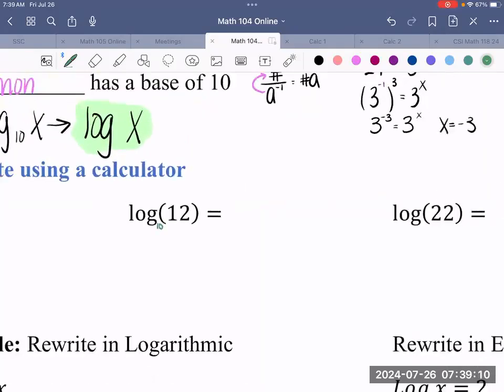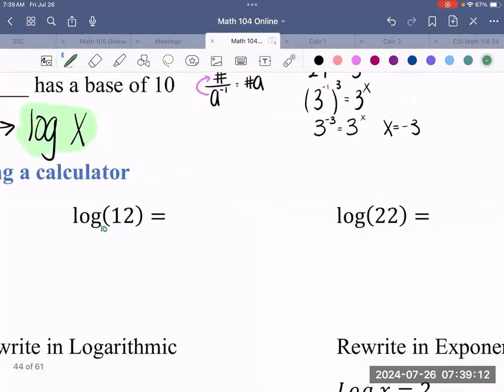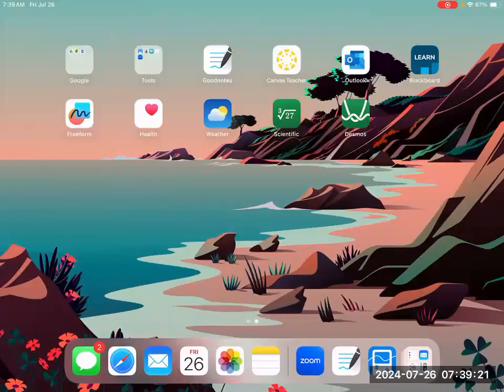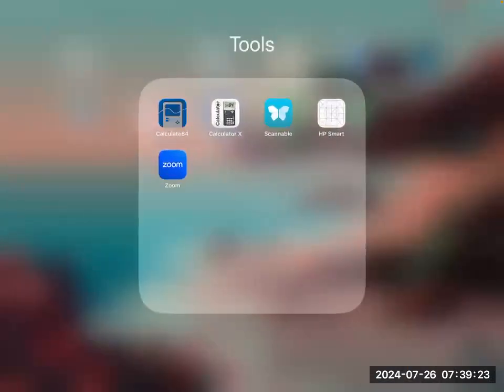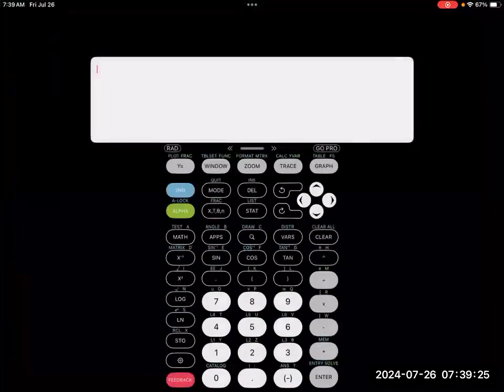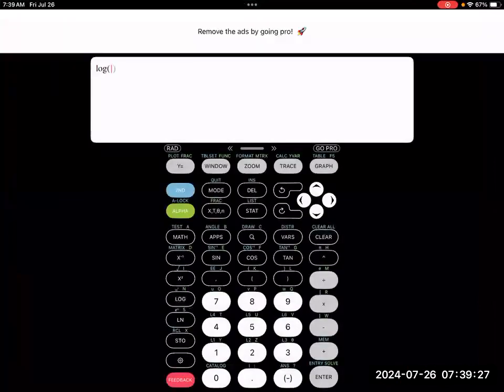So let's round to 3 decimal places and find log base 10 of 12, and again, log of 22. So we'll do log of 12 here, rounding to 3 decimal places, is 1.079.